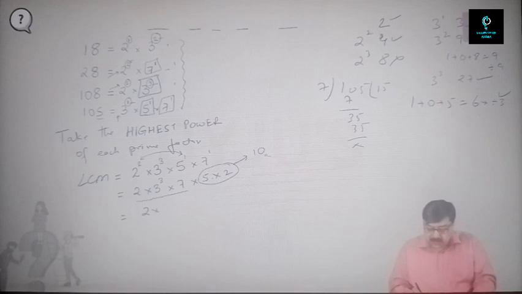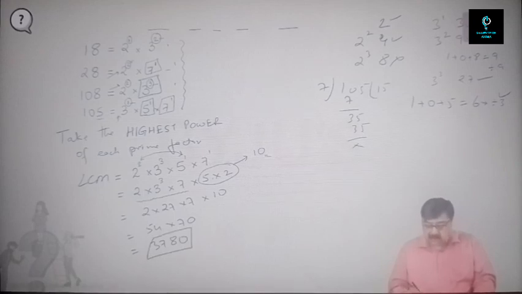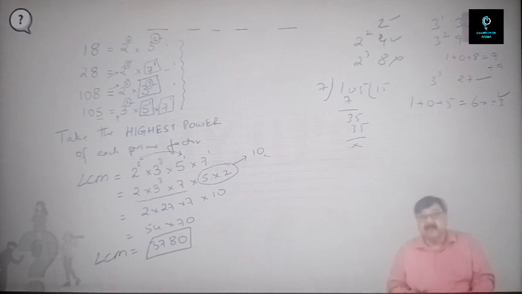So this becomes 2 into 27 into 7 into 10. That is 54 into 7 or let us say 70. So 7 4s are 28, 7 5s are 35 plus 2, 37. So 3780 is the LCM of these given numbers. This is the least common multiple of these four numbers which are given to you in the question.